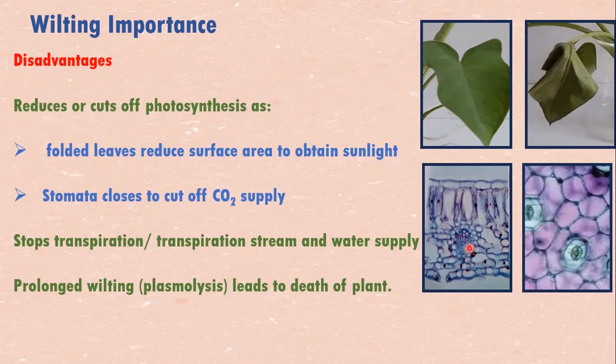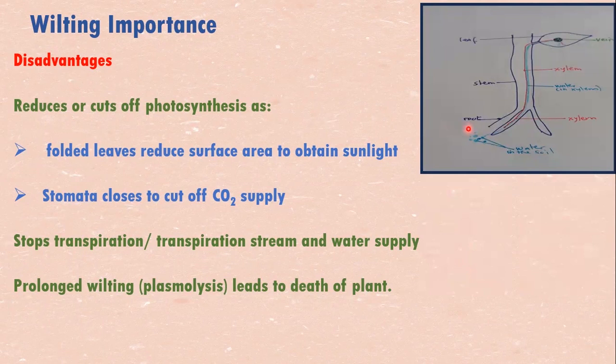Not only that, when the plant is wilting, the stomata are closed, and when all the stomata are closed, it reduces transpiration rates, because transpiration will have to go on, water vapor will have to move out so that more water can be absorbed by the roots. This is what happens.